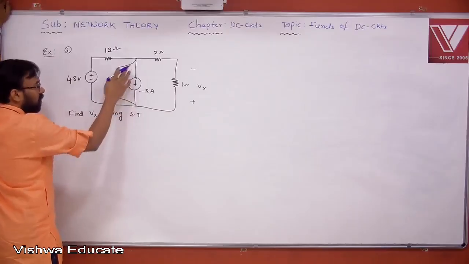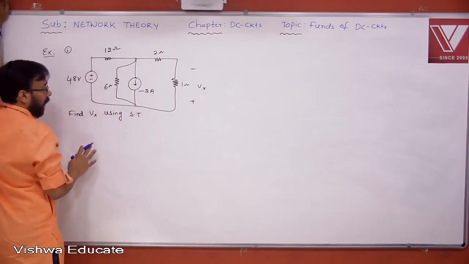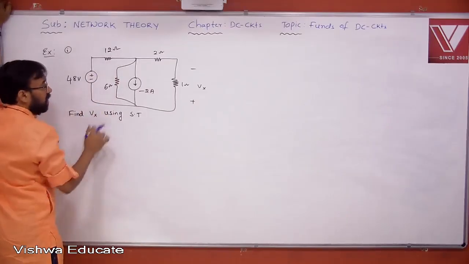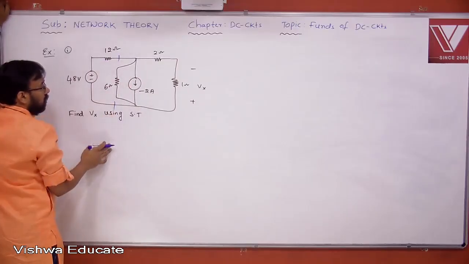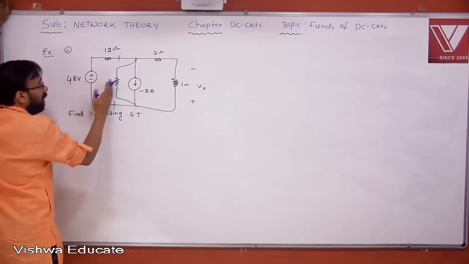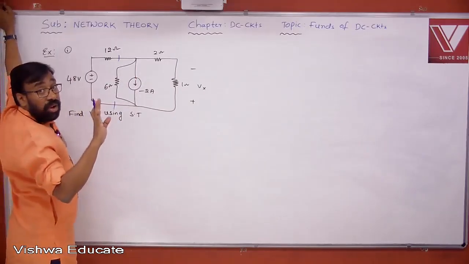But if you do this transformation, there is no use. The circuit won't become simple. It becomes complicated again. But this voltage source and this resistor are in series. If you transform these two into a current source, the resulting equivalent network now looks parallel to all these elements. Yes or no? Okay, agree all of you?